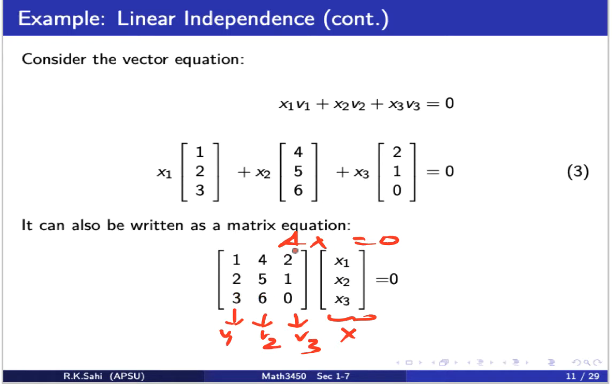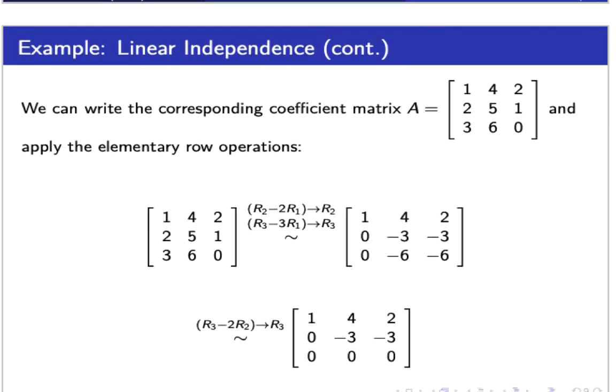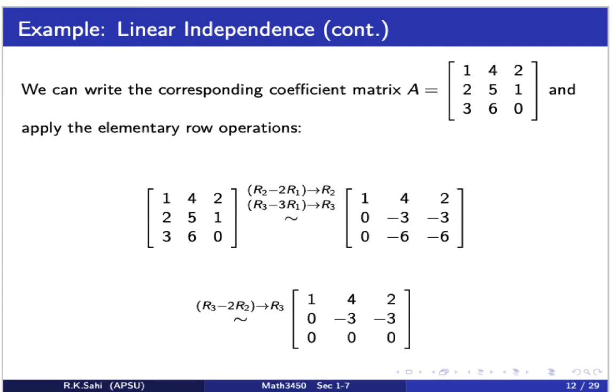So what we're going to do is apply the row reduction algorithm on this coefficient matrix. Okay, let's do that, because we have to see what kind of matrix it becomes. So we write the corresponding coefficient matrix and apply the elementary row operations, or the row reduction algorithm.